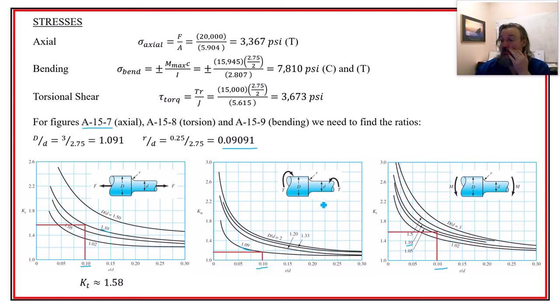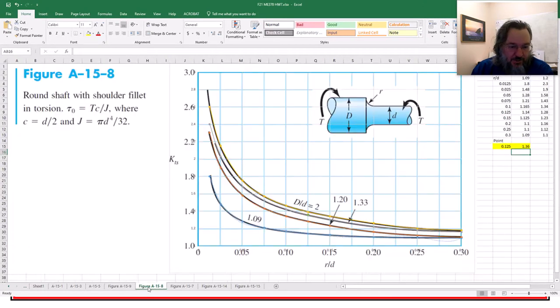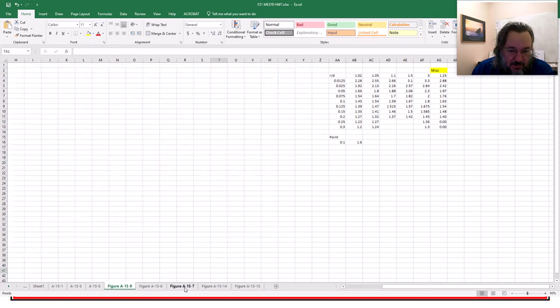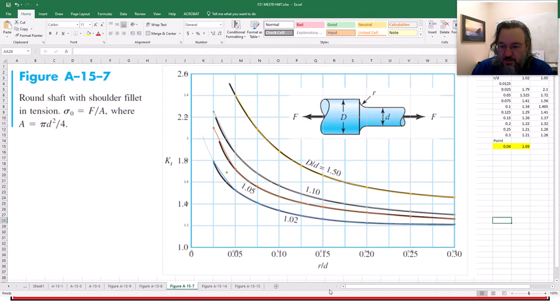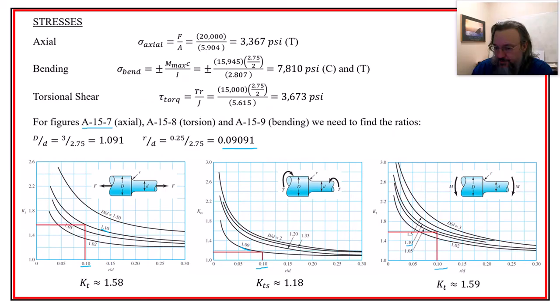Based on my very careful analysis of this, I was able to find these stress concentrations to the best of my ability. And if you don't believe me, I've actually done these. What I've done here, let me look at what the values are.